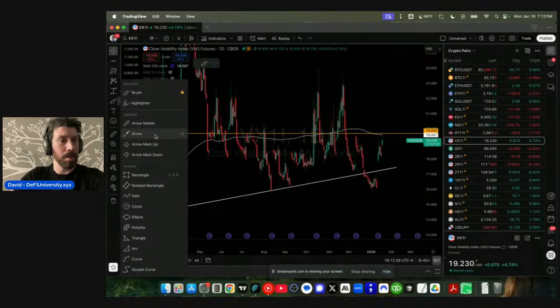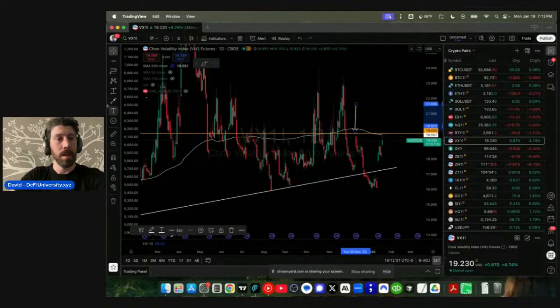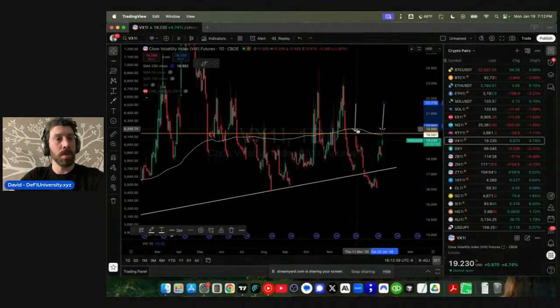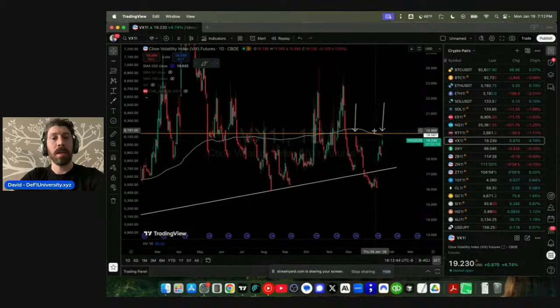Let me just go ahead and mark that with an arrow here. So we had that local high from the beginning of December, just below 20, also just below the 200-day moving average. So notice we've got a confluence, this double top. So we've got horizontal resistance, and we've got the 200-day moving average here.